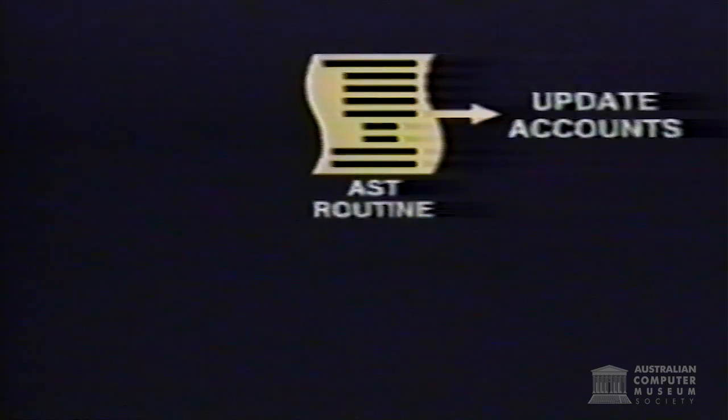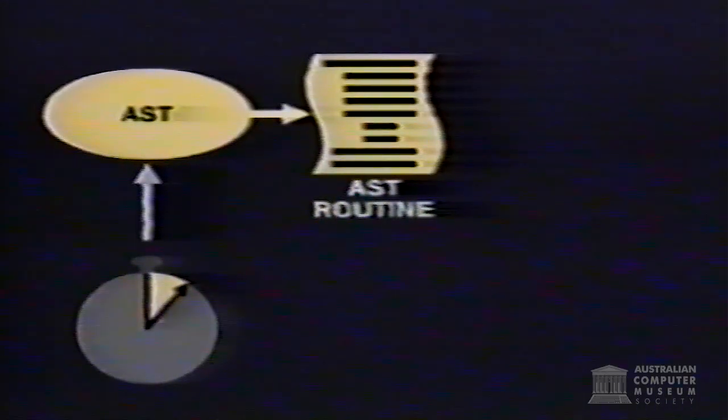Suppose a programmer defines an AST routine to periodically update the balances of all accounts, reflecting deposits and withdrawals made since the last update. The programmer issues a system timer call specifying delivery of an AST at a fixed interval, say every 5 minutes. The call also specifies the name of the AST routine to execute upon delivery of the AST.